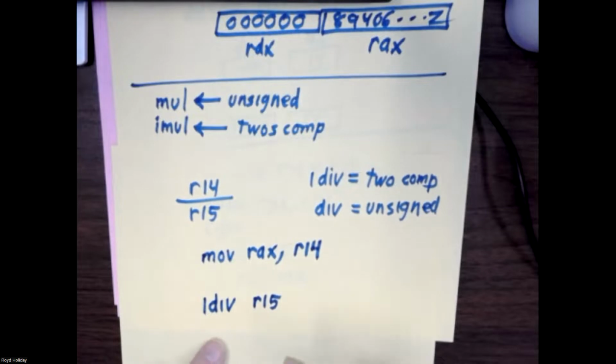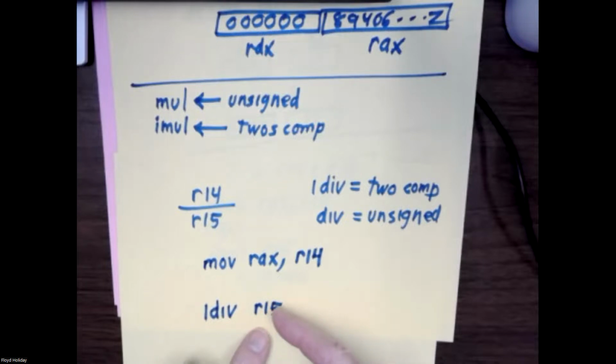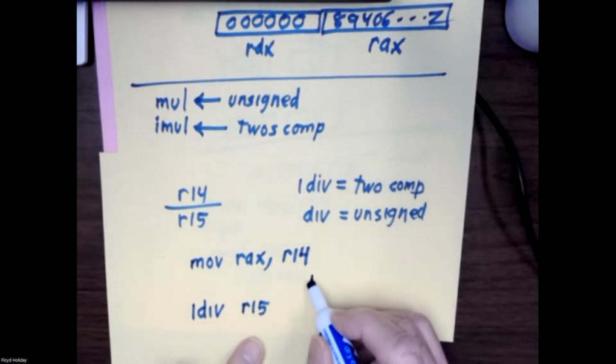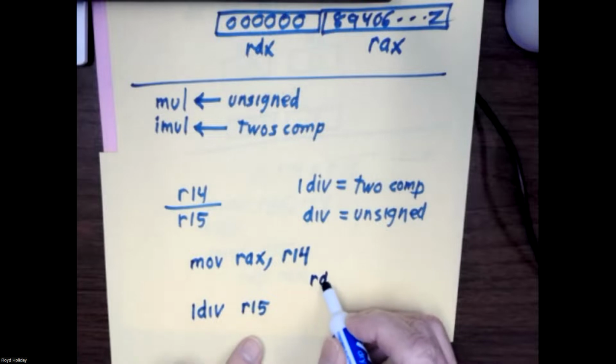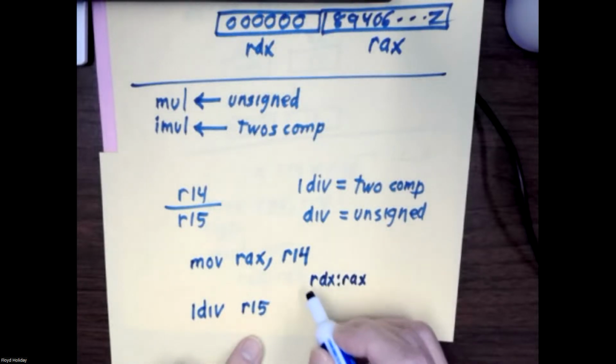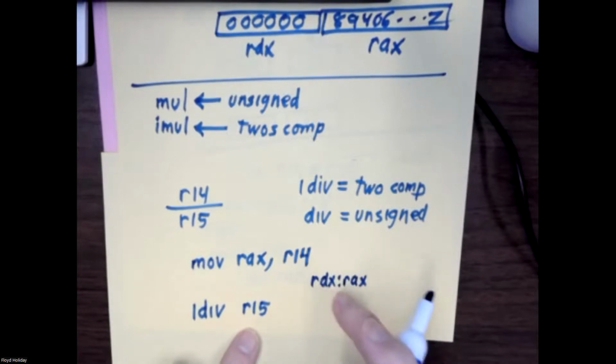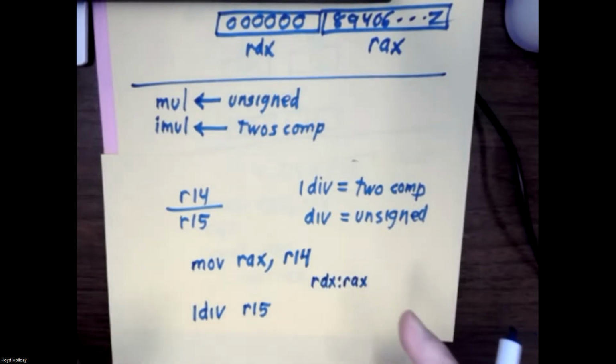But because division is the reverse of multiplication, when this goes to do division, it looks at the double register, RDX with RAX, as one number. And if RDX has old junk in it, you do the division and you're going to get a junk answer.